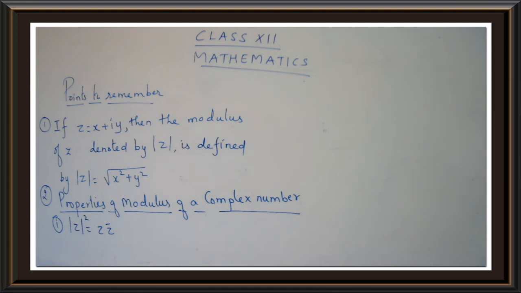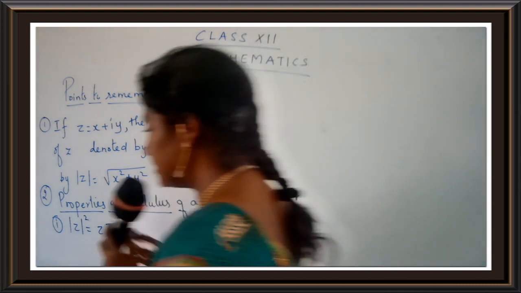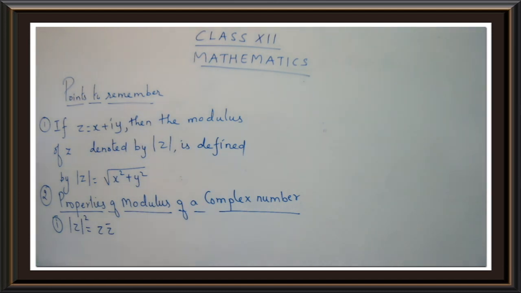See here, for modulus also you have a conjugate. So we have to be thorough with all the concepts. Let's go for the second point. The second one is an important point that we use for the sum. That is the triangle inequality. Take down the second point. I'll just continue this side so that you will be clear.